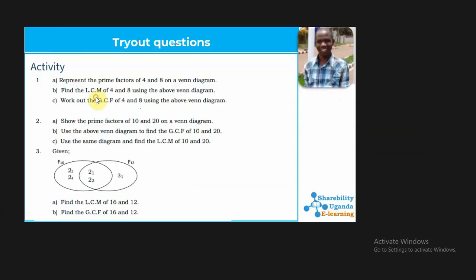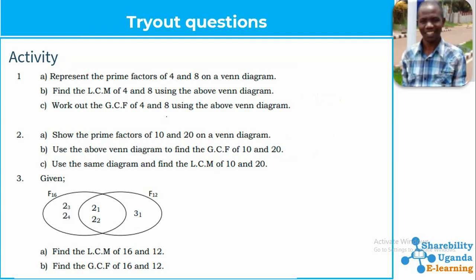These were our questions. We looked at our question 1, which required us to represent the prime factors of 4 and 8 on a Venn diagram. Then also find the lowest common multiple, using what? Using prime factorization. Also we looked at finding the GCF, the greatest common factor, also using prime factorization.